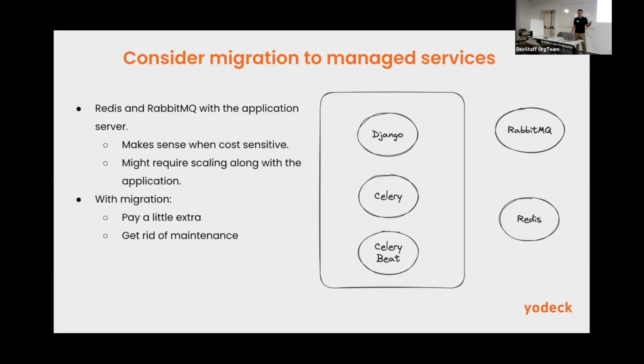When you migrate to managed services, you might pay a little bit extra. For AWS, it's like 10 or 15% extra over a similar EC2 instance, but you get rid of all the maintenance, all the backups, all the security patching, and all the updates. So in the end, when you start scaling, it's the same thing to do.